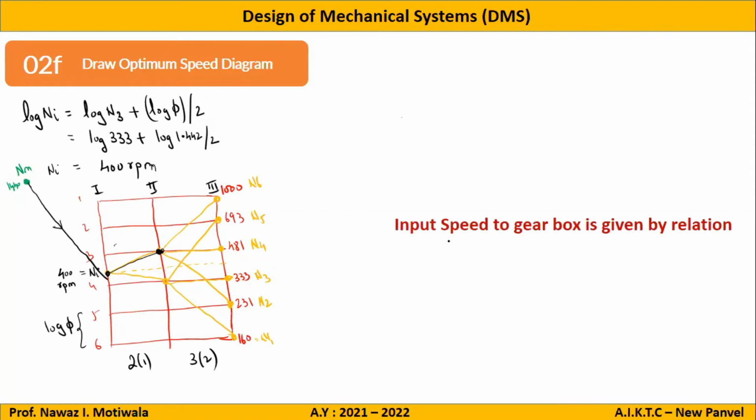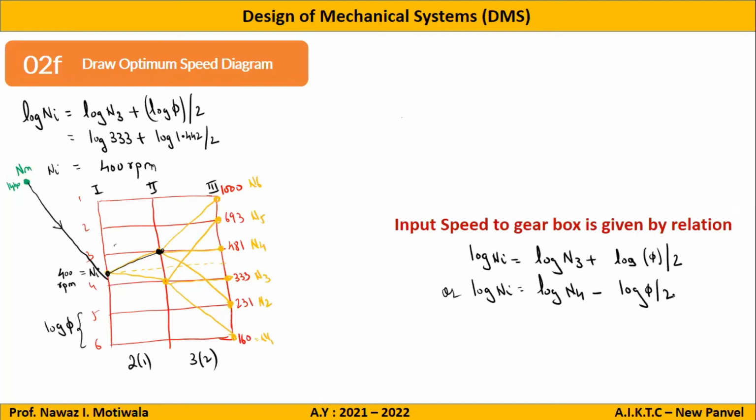So here, the input speed to the gearbox is given by the relation. And what is that relation, which I have already written here? log of ni is equal to log of, for this case it will be n3, plus log of pi by 2, or it can also be written as log ni is equal to log of n4 minus log of pi by 2.